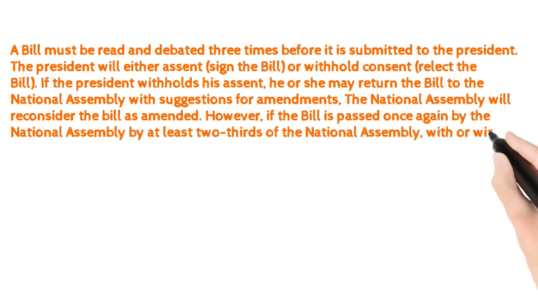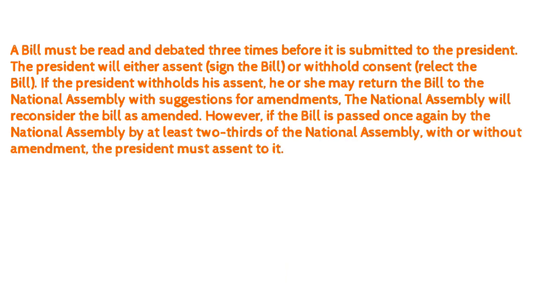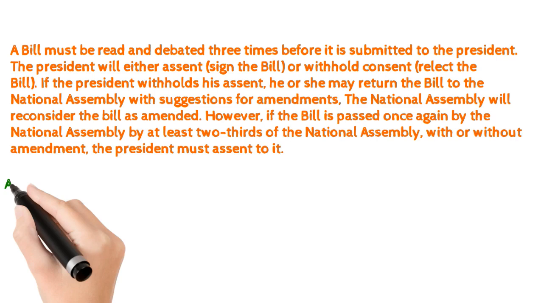as amended. However, if the bill is passed once again by the National Assembly by at least 2/3 of the National Assembly, with or without amendment, the President must assent to it.